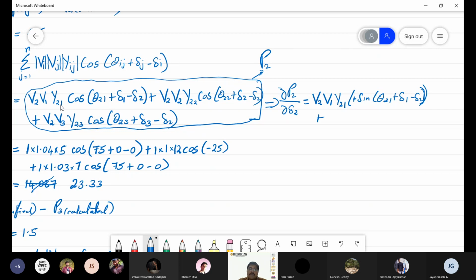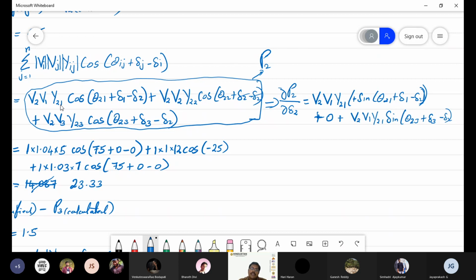Plus second term, if you are differentiating, there is no del 2, these two will cancel each other, therefore the second term becomes 0. Plus the third term, again del 2 term is there, therefore it will be like v2 v1 y21 sine of theta 23 plus del 3 minus del 2. Anyway, for del 2 minus 1 will be there, minus of minus, plus will be there.